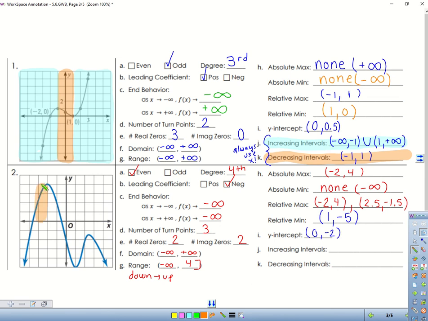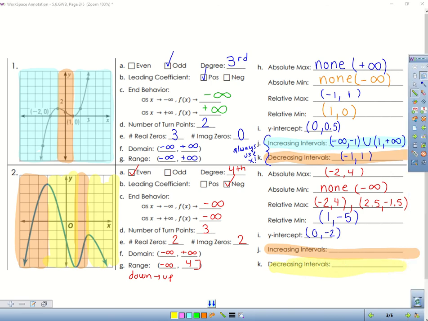So, we're increasing. Yep, increase here. We go down and we start increasing again here. So this is my increase. And my decrease occurs here. So does everyone understand the color coding here?